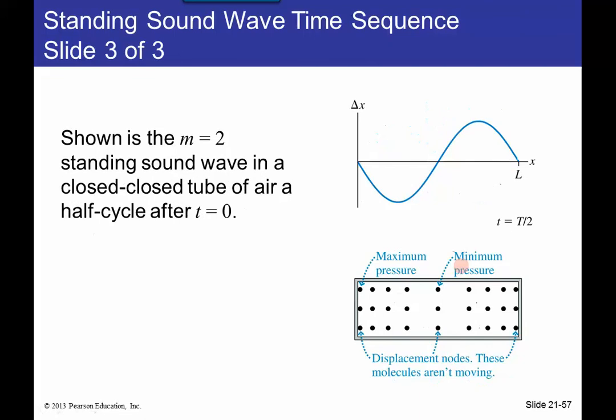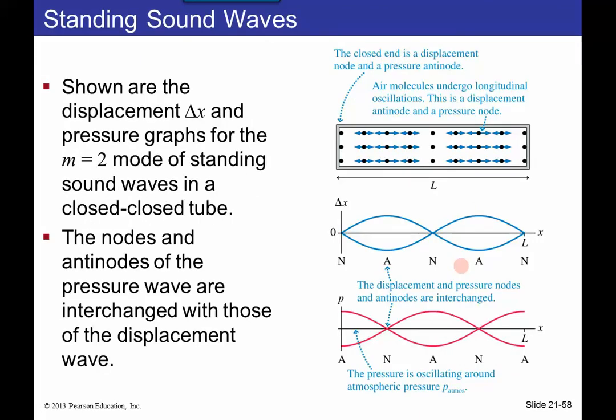This is how the sequence goes. You can then plot both displacement and pressure: the pressure is minimum at the antinode and maximum at the node. This is a tube that is closed on both sides.